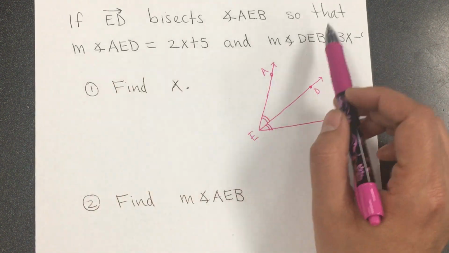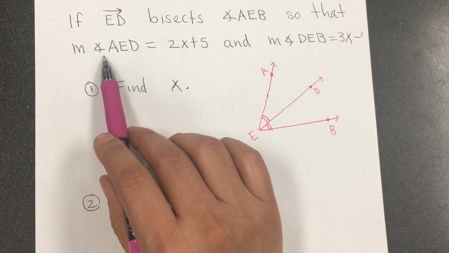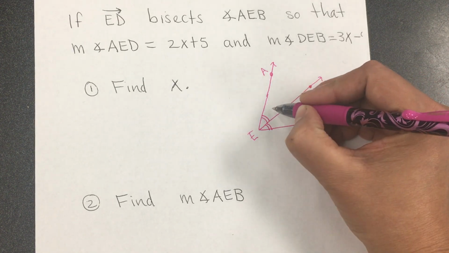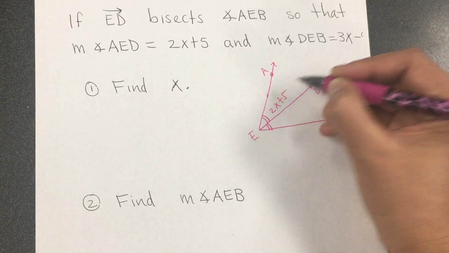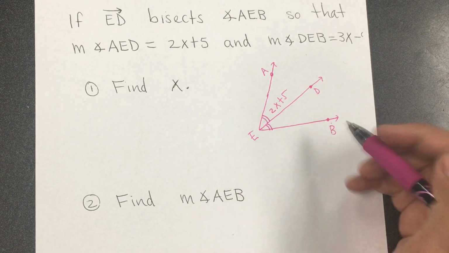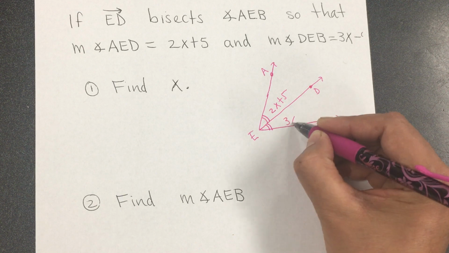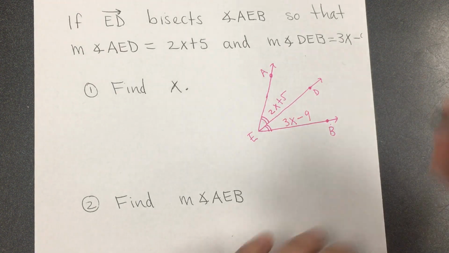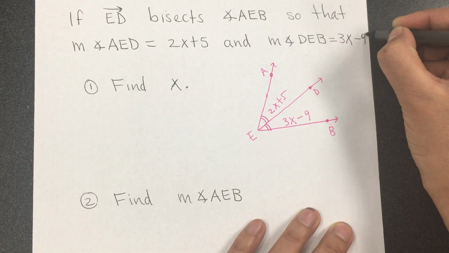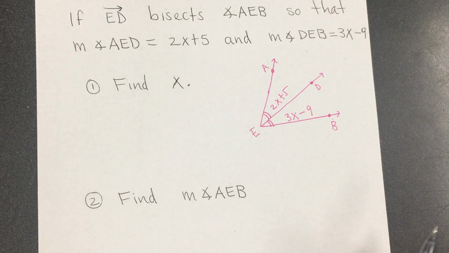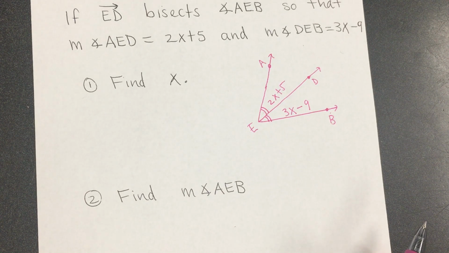And so it says that the measurement of angle AED is 2x plus 5, and the measurement of angle DEB is 3x minus 9. So it says find x.